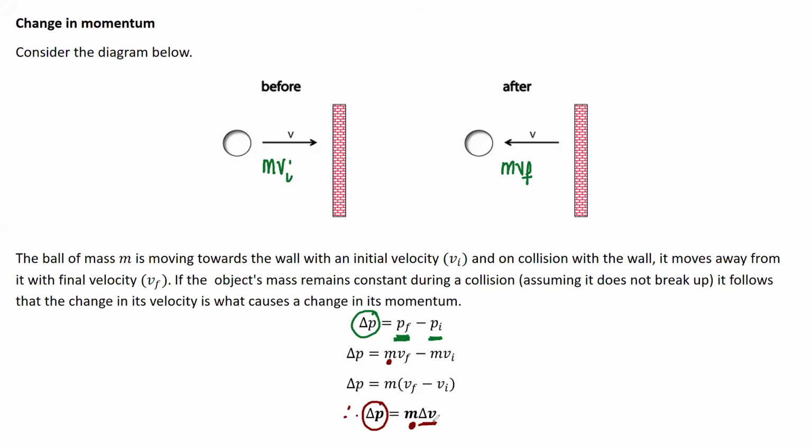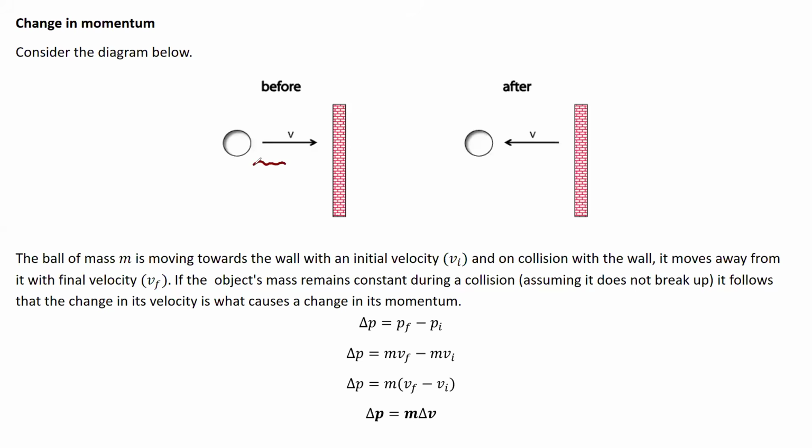Do you want to change momentum? Yes, sir. Go deeper, sir. Then change velocity. Then allow the object to have a collision. And you see, what is interesting about this diagram is this. Work with me. The direction of the object even changed.